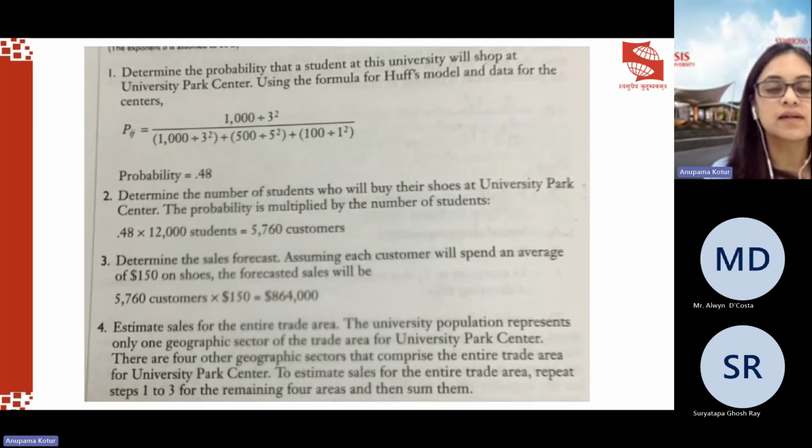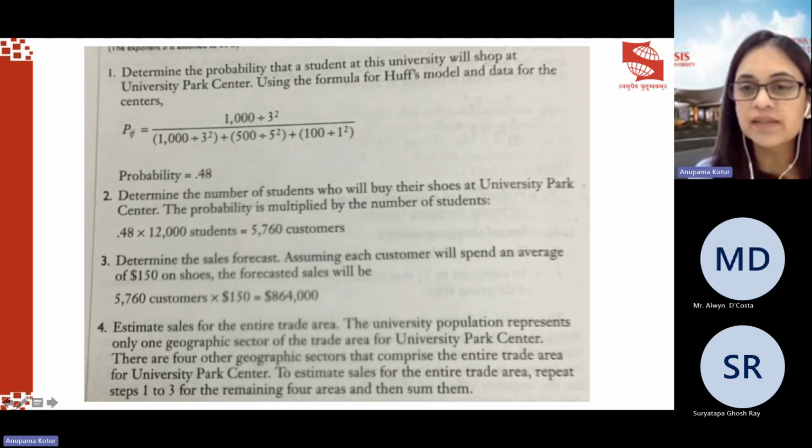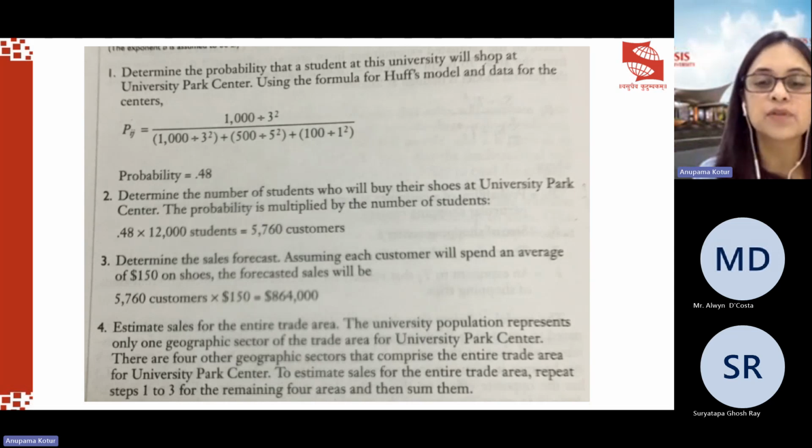Right? So the answer again is given to you over here, the probability percentage for all 3 locations, and how you could also calculate the sales, the number of customers per year, and based on that number, be able to also project the revenues and average sales for that particular year.